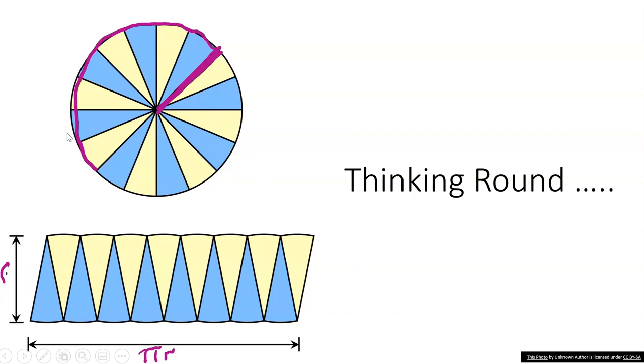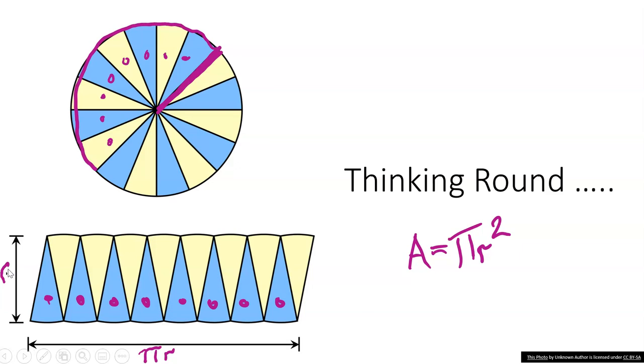Why would that be? Now, that would be if we count all of the segments in half a circle. So we've got 1, 2, 3, 4, 5, 6, 7, 8 in this circle. Okay, and we count along here 1, 2, 3, 4, 5, 6, 7, 8. So that's the same. Alrighty, so this is becoming clearer.